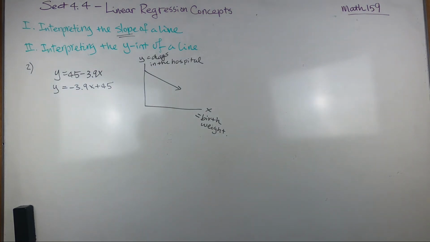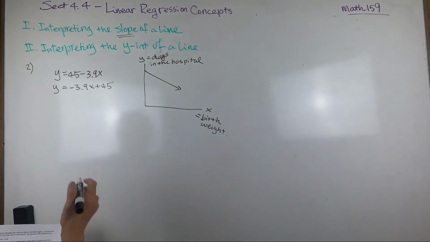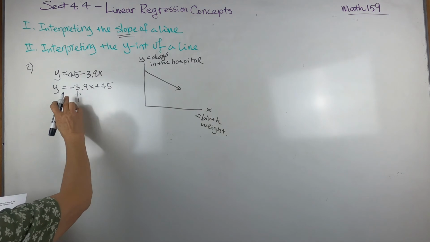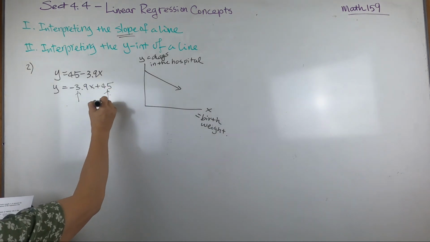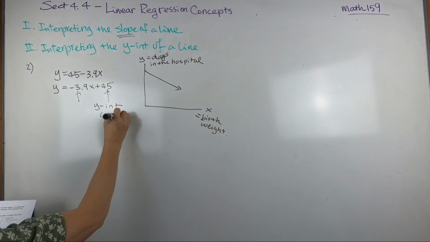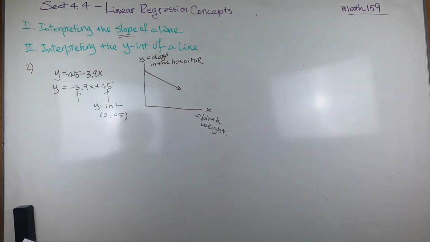Okay, so let's see what kind of meaning it tells. Okay, so this is your slope. Slope is negative. This is your y-intercept, which is 0.45. So let's see, what does that mean?